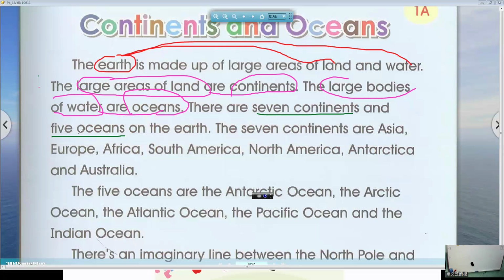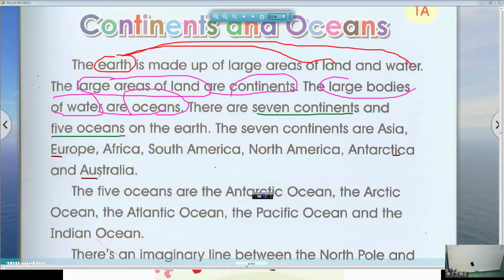The 7 continents are Asia, Europe. EU makes a sound U. Europe. Africa, South America, North America, Antarctica.